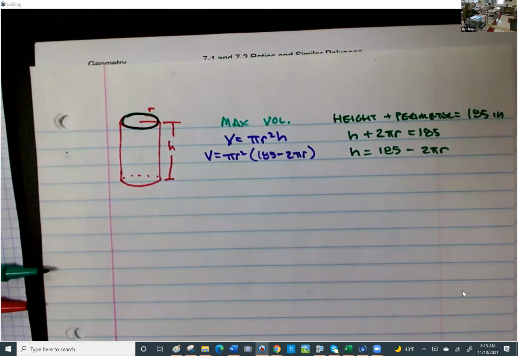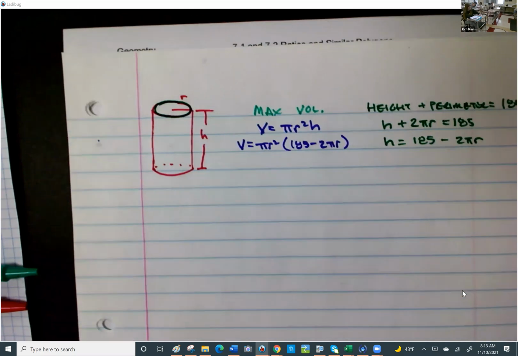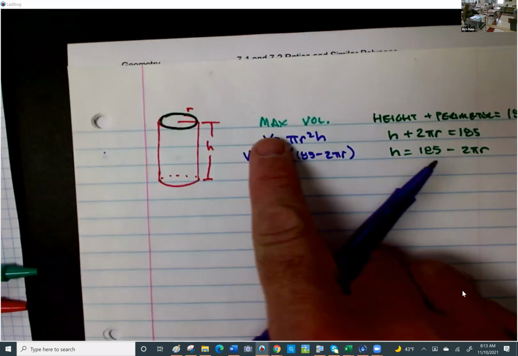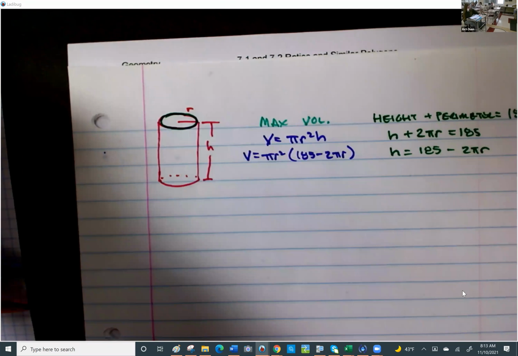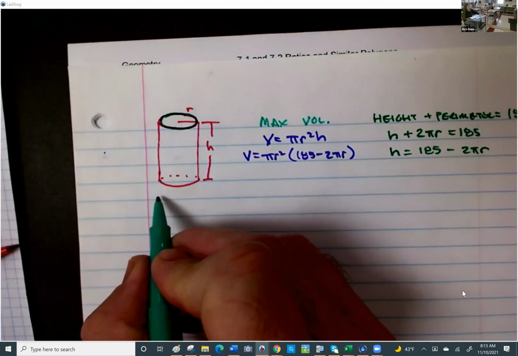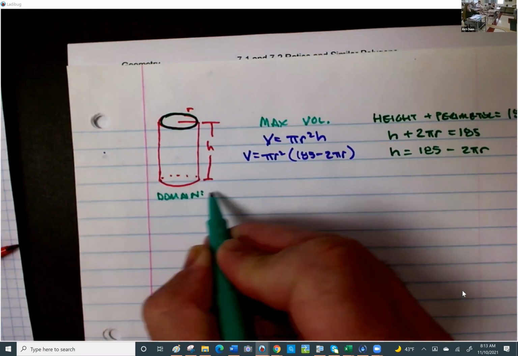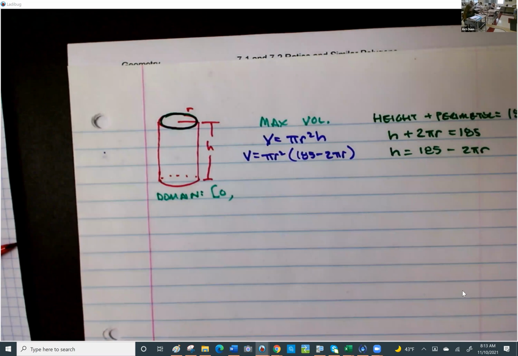Now we need to look at the domain. It doesn't say I have to have a certain volume, so I could do a domain starting with a radius of 0. Now, what would be the result here at my upper end?